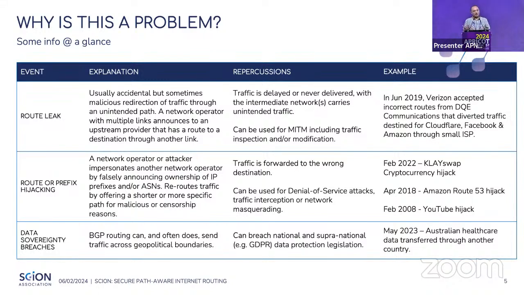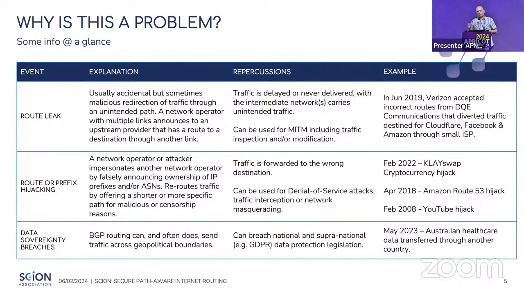Then we also have route hijacking, an intentional false announcement of a route, which will send traffic to the wrong destination and is used for denial of service attacks, traffic interception and so on. There have been a number of infamous attacks, but this is going on every single day to some extent.